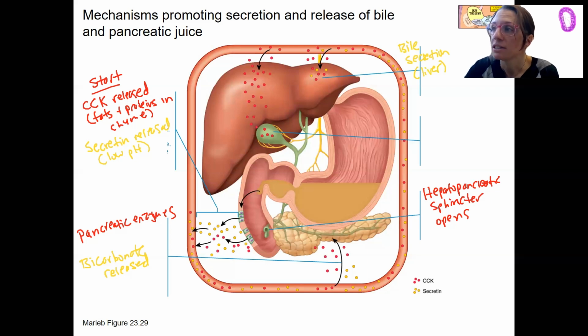Then we've got CCK's job in terms of bile, which is going to be gallbladder contractions, causing bile ejection, right? Vagus nerve also weakly stimulates this in those earlier phases. So we do have those pancreatic and gallbladder responses beginning as soon as we start thinking about food, just a little bit.